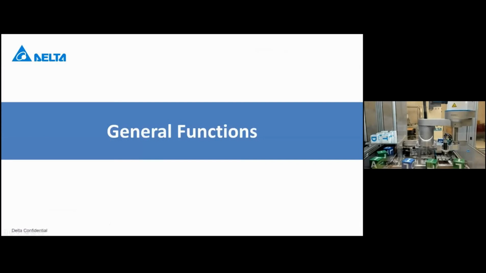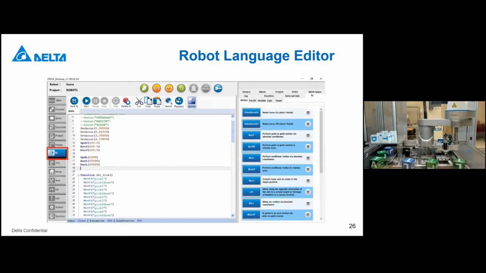Okay, so next part I will introduce some general functions of this software. So first is the very important robot editor, the language editor. This is for programming the robot and also debugging it. And I will introduce this later after I introduce the language.